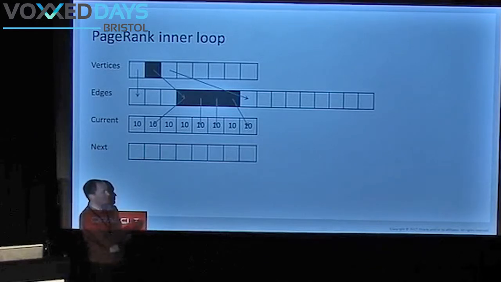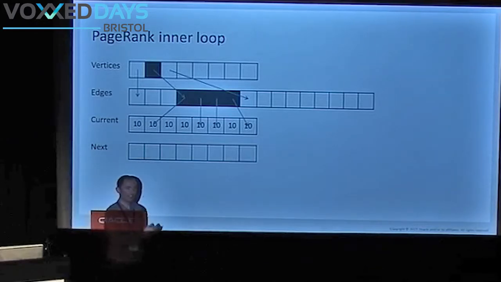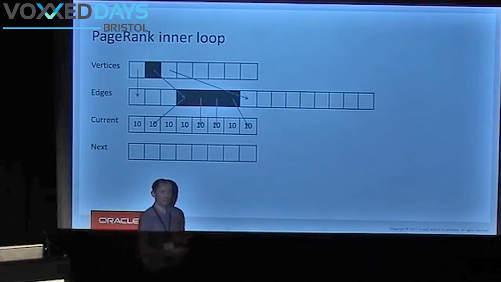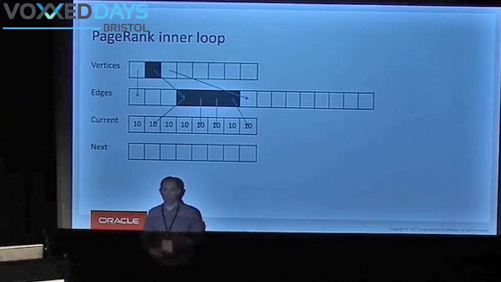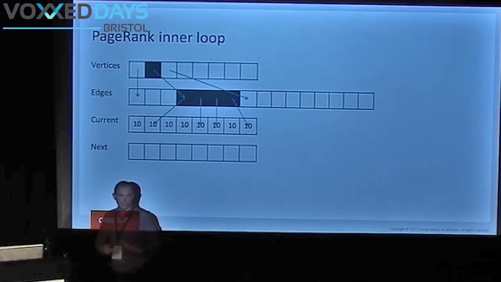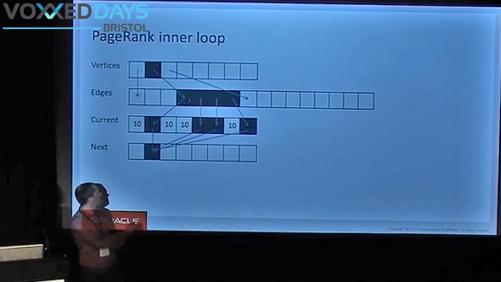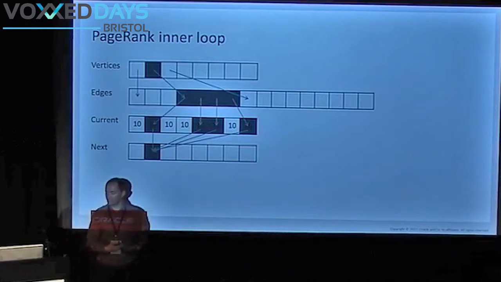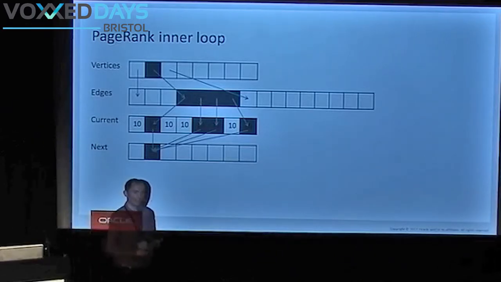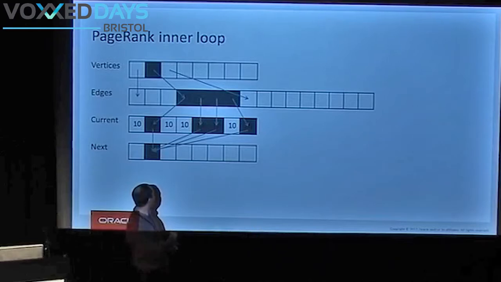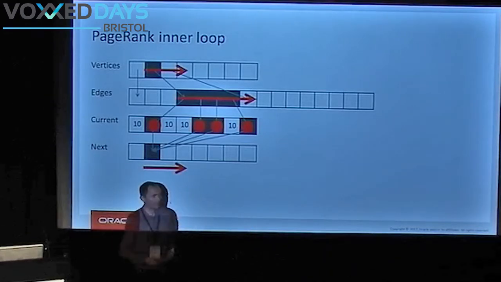Then for PageRank, what we need to do is some processing and access the previous value for each of those neighboring vertices. And the way we do that is we have a third array, the current values, holding the current estimates for the vertices. And we use the IDs from the neighbors as indices into this array, read the current PageRank estimates out of that, sum them together, do some scaling, and generate a result at the bottom.